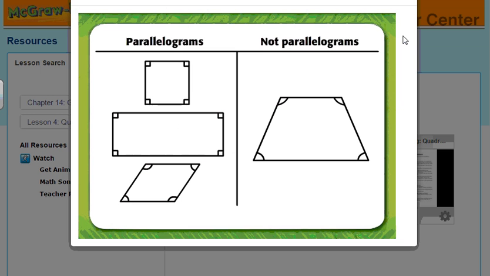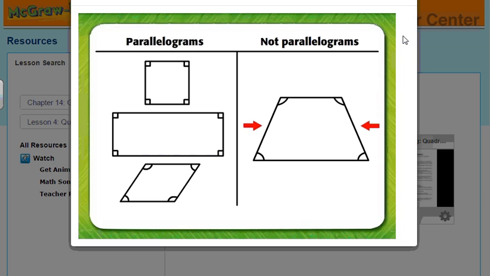The square, rectangle, and rhombus are quadrilaterals that are also parallelograms. The trapezoid is a quadrilateral, but it is not a parallelogram. Explain why. A trapezoid is not a parallelogram because it does not have 2 sets of parallel sides.